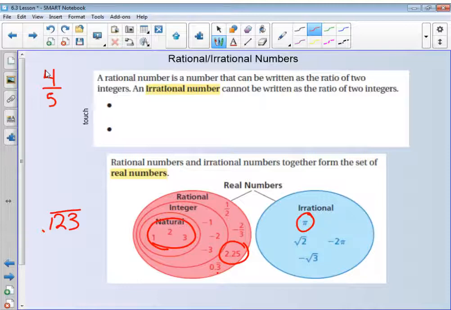Also, non-perfect squares are going to be irrational numbers if they cannot be broken down any further. Now, if you had the square root of 0.36 underneath, well, we can find the square root of 0.36, which would be 0.6. But if you have non-perfect squares that can't be broken down to a decimal number that terminates, then those are also considered irrational.